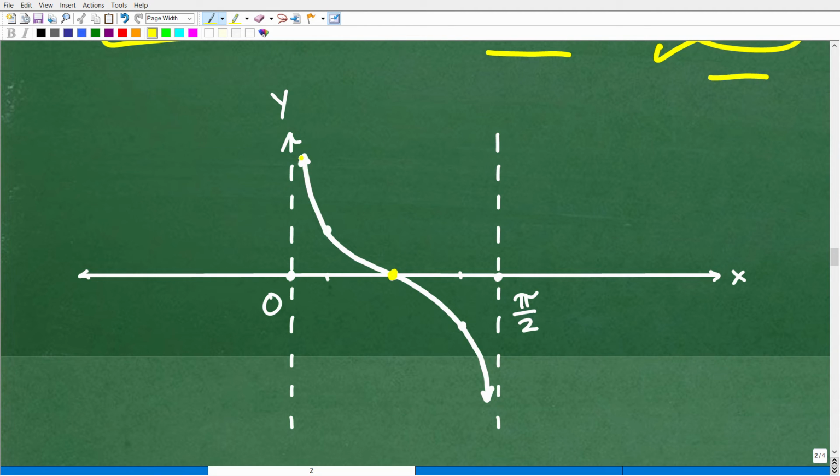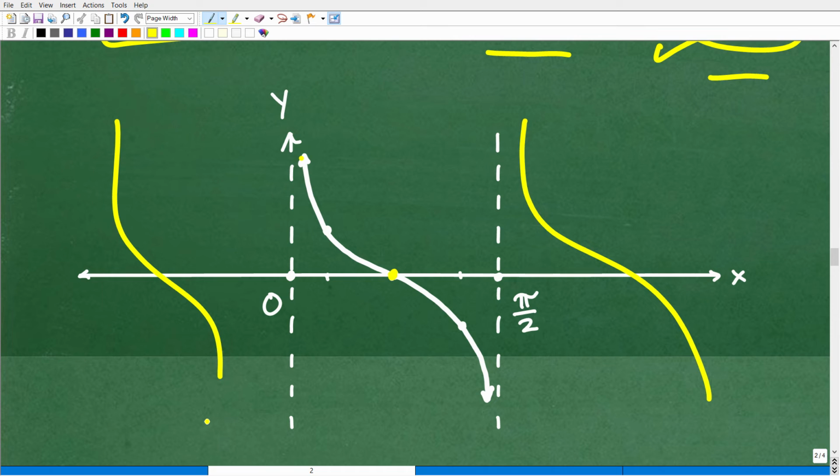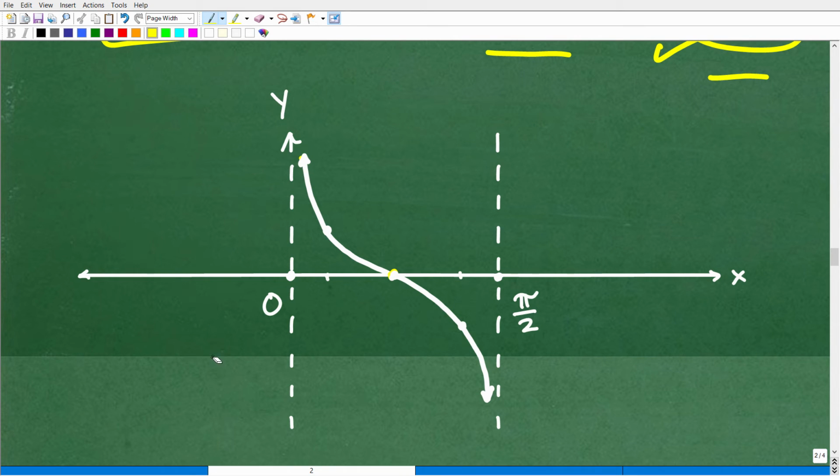So we have our cotangent graph approaching our vertical asymptotes. Now, again, remember, this continues to go on and on for multiple periods, and very often you'll need to graph more than one cycle in your class or on your exam, but we'll just focus on one cycle for this function.